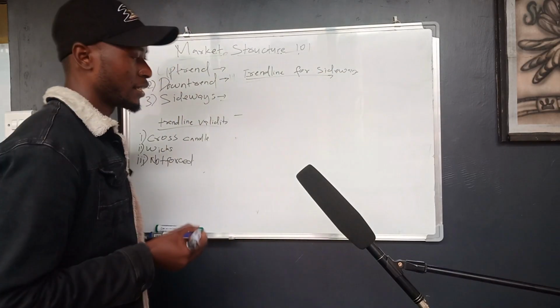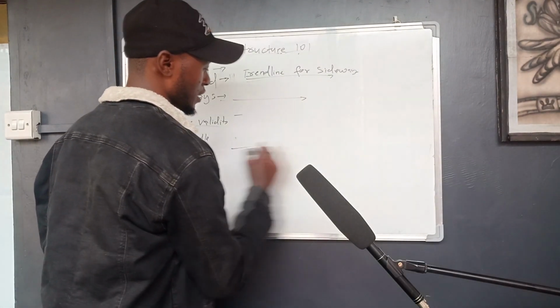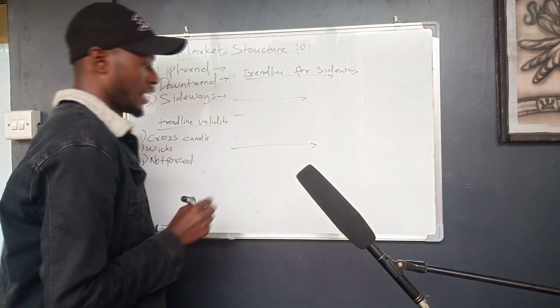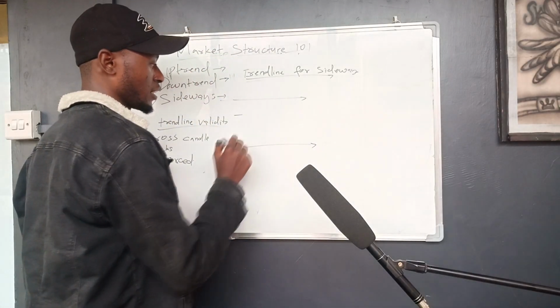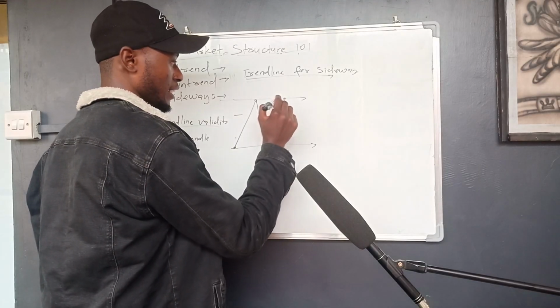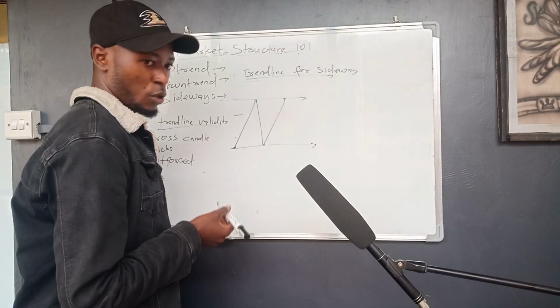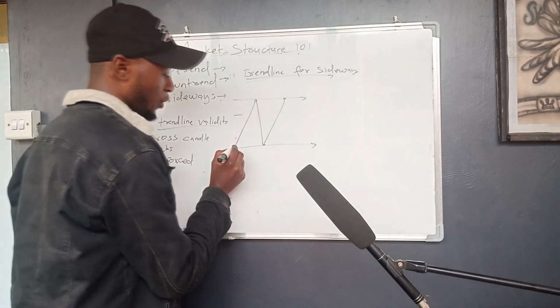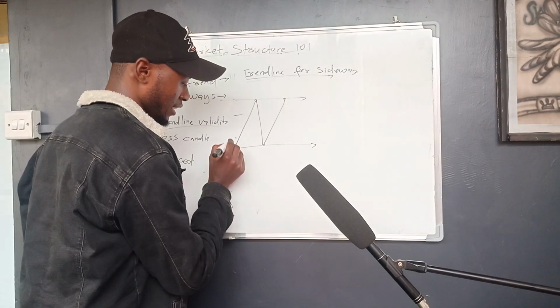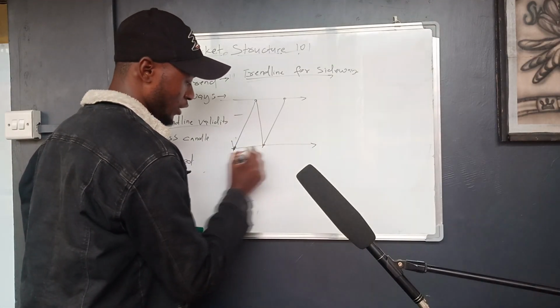This is simply because if a market is moving sideways, let's say this market is moving in this direction, and it's touching through here and here, trend lines can be very subjective in sideways markets. What do I mean by subjective? You can check this trend line here, the first low and the second low, and draw a trend line.